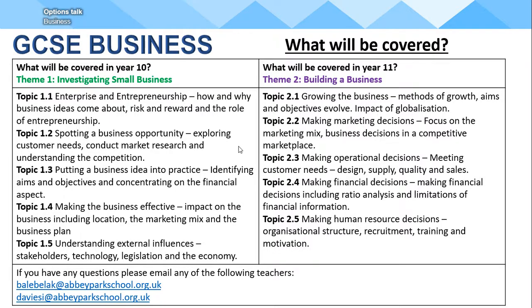In Year 11, pupils will build the depth from the learning in Year 10, and they will look at the topics of growing the business, making marketing decisions, making operational decisions, making financial decisions, and making human resource decisions. If you have any questions regarding the topics, please email one of the business teachers. The email addresses are shown in the box at the bottom of the table.